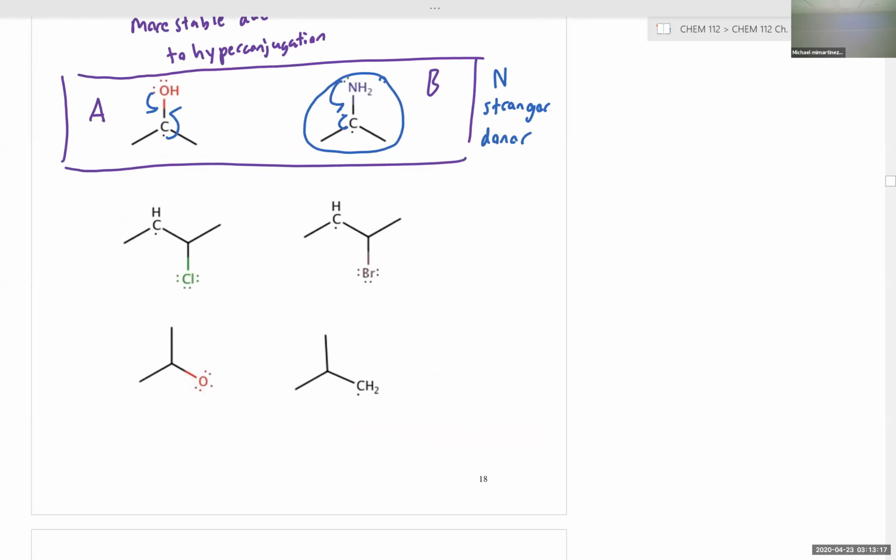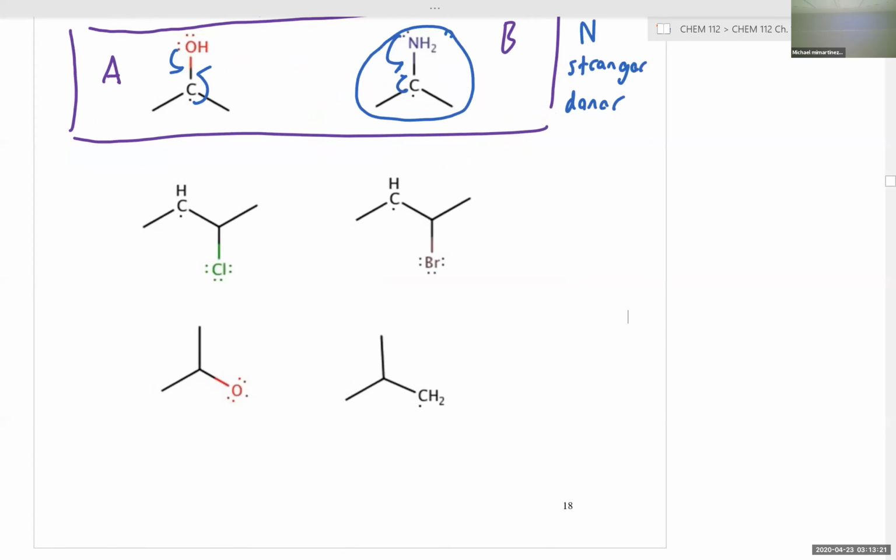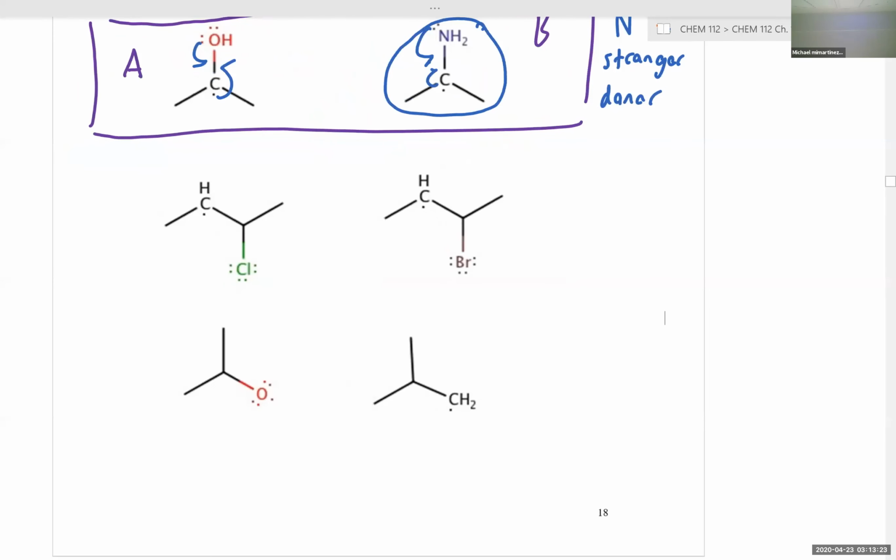Let's look at another question. Let's compare A and B for this next pair, and take a moment and indicate which radical is more stable, A or B. Let's try to get a few responses in the chat before we discuss.